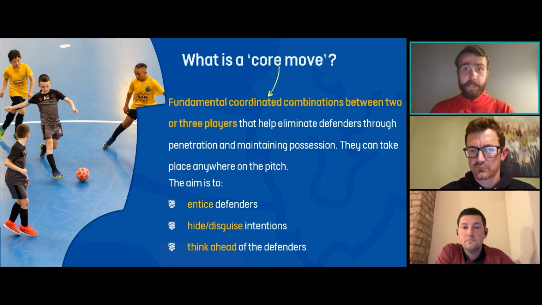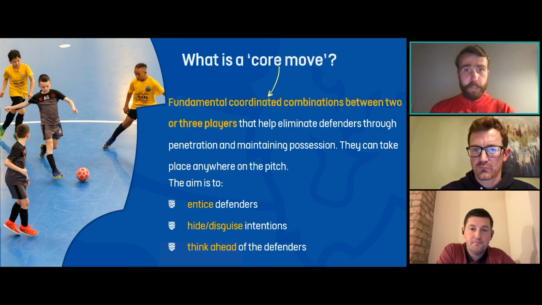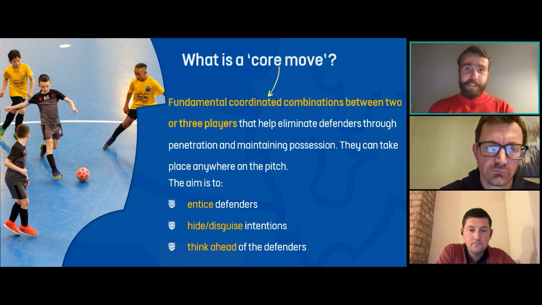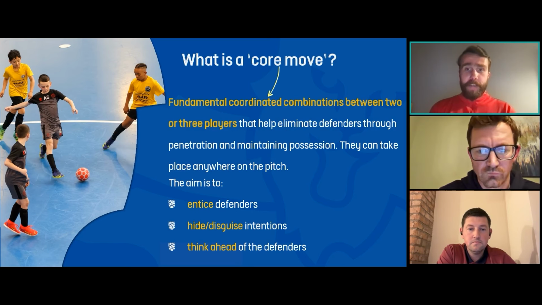Using 2 or 3 players helps eliminate defenders, so it links the principle of player penetration, but it also maintains possession. It can take place anywhere on the pitch or court, and the aim is to entice the defenders, to hide and disguise your intentions, and then to think ahead of the defenders and ultimately outwit them while progressing up the court to penetrate.